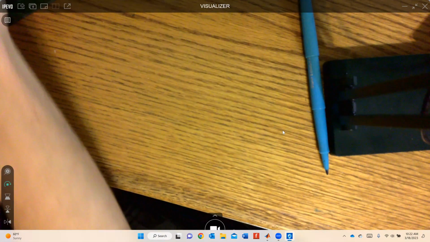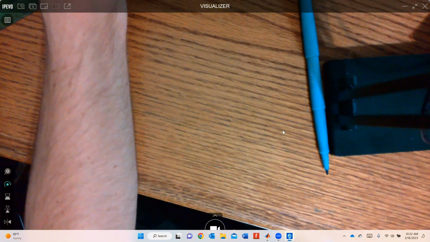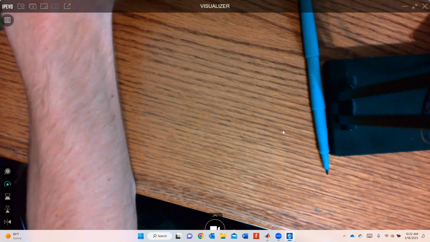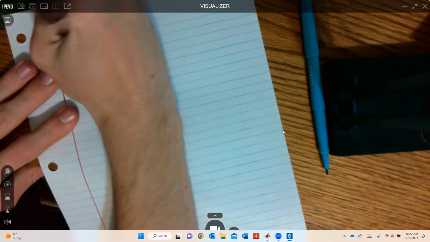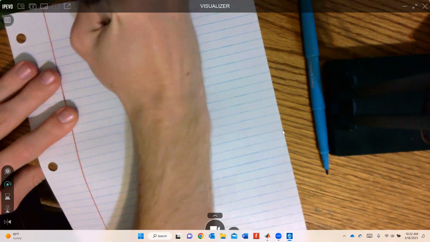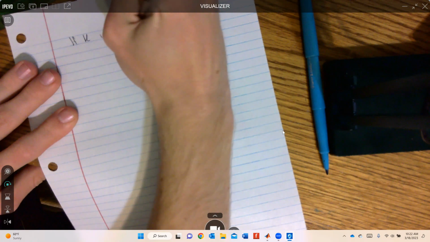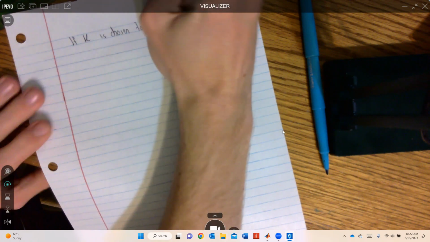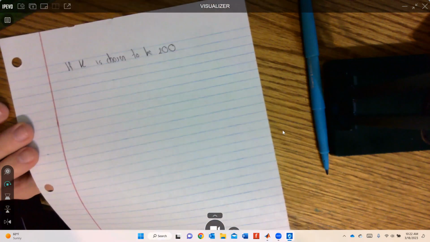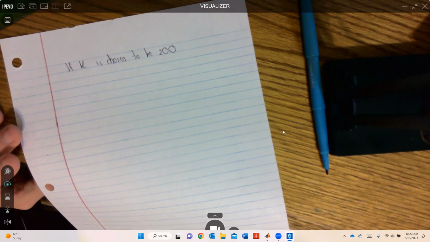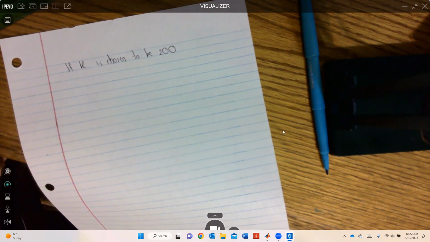And then now, what if they chose the gain to be 200? So what if K is chosen to be 200? Okay, so if K is chosen to be 200, we're going to decrease our gain margin.